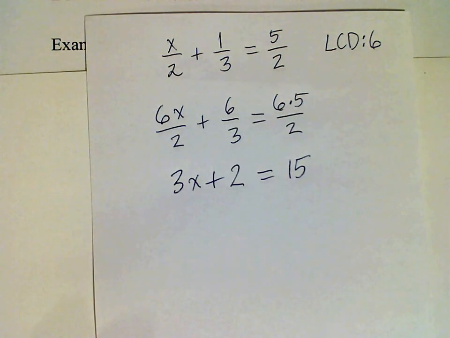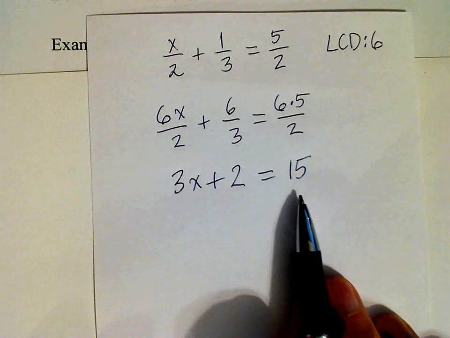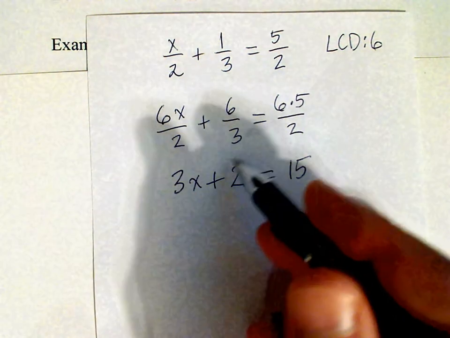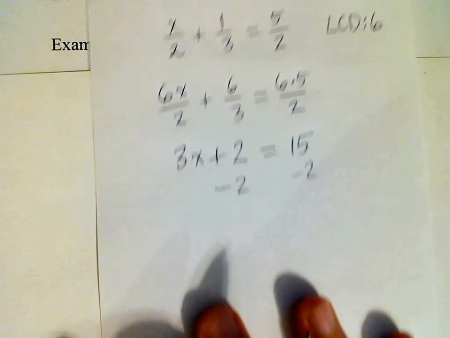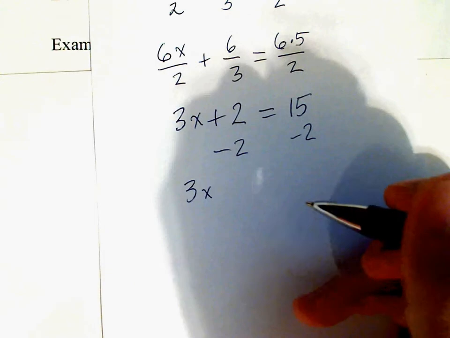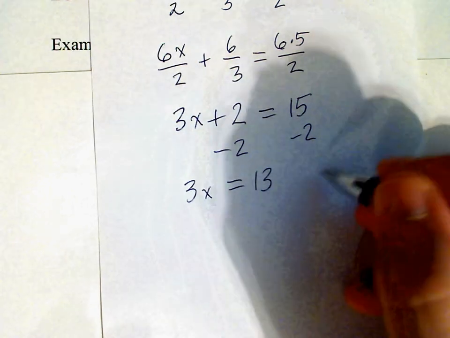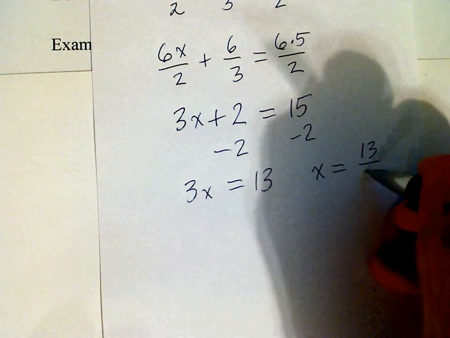And I'm sure everyone would agree that this equation, which is equivalent to the original equation, looks a lot easier than that original equation, doesn't it? Okay, so now we just need to subtract 2. And then we have 3x is equal to 13, and so x is equal to 13/3.